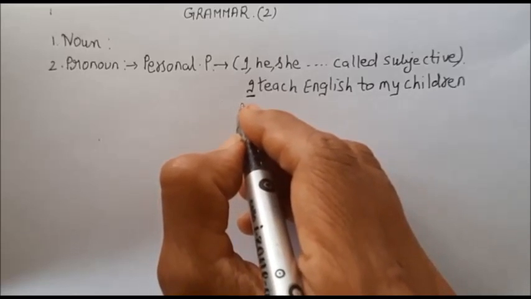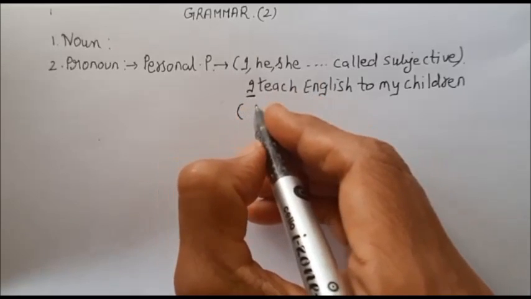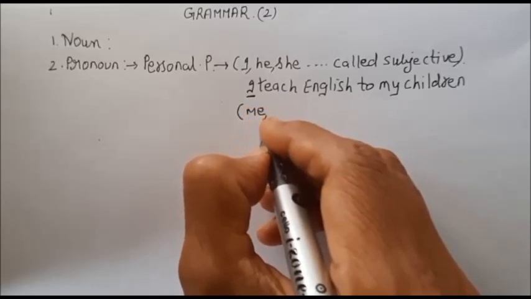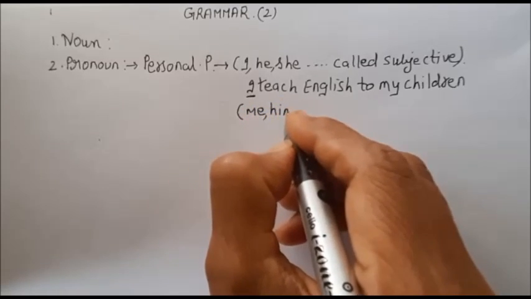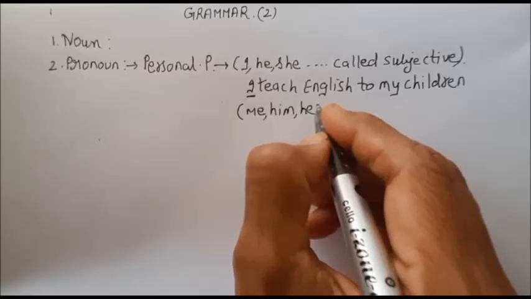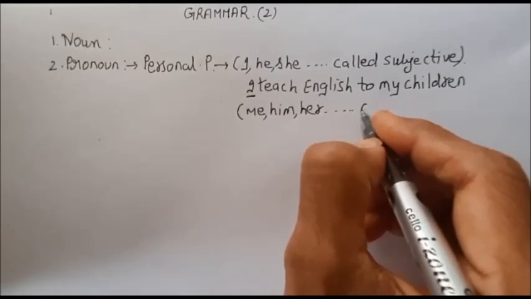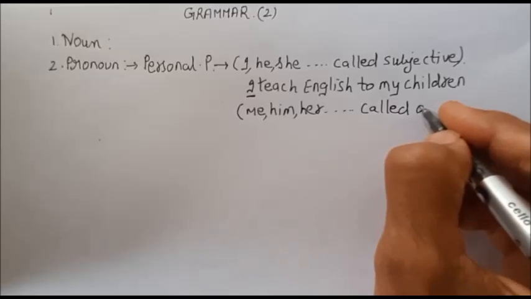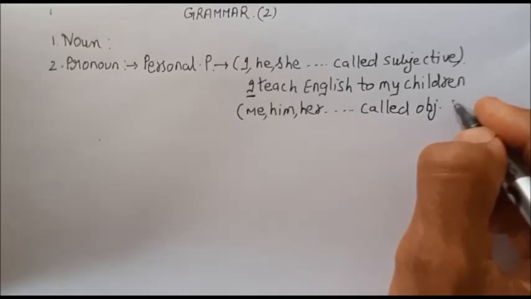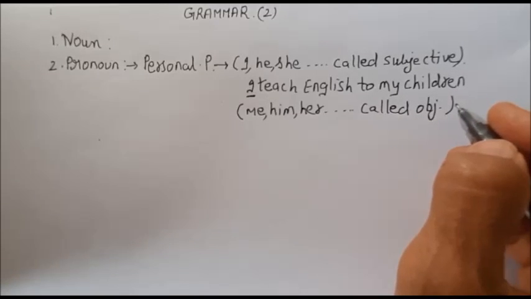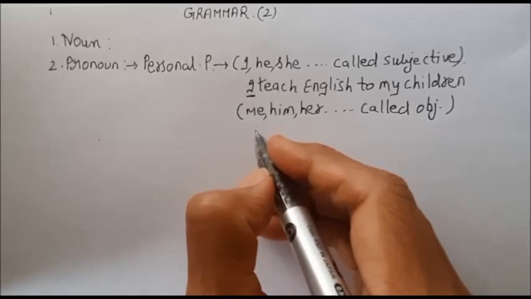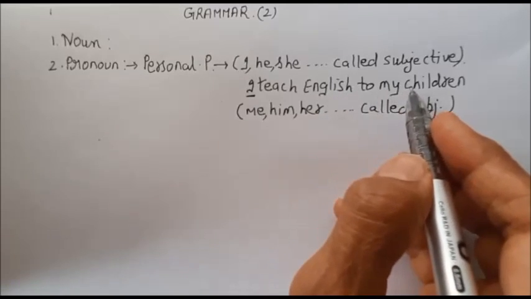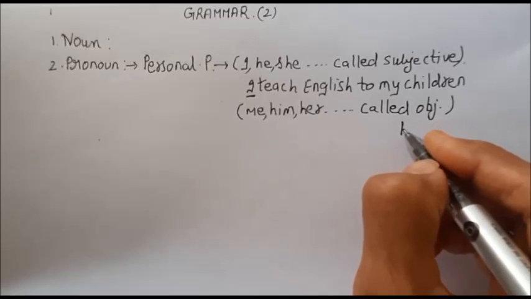And the other part is objective personal pronoun, that is me, him, her, are called objective pronoun, or you can call it objective personal pronoun. For example, the same, like English is taught to my children by me.